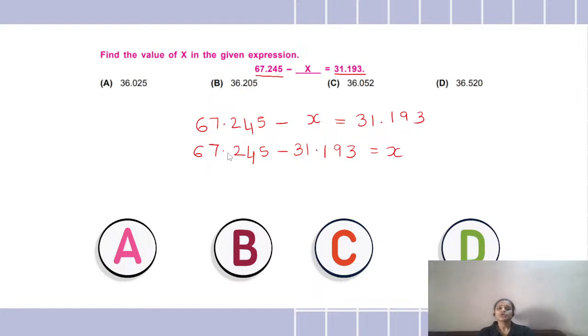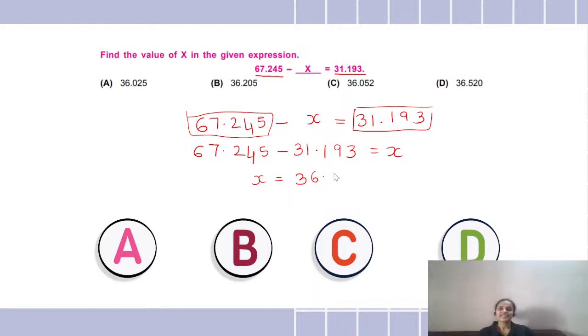Okay, so I will simply subtract this number from the bigger number to find out x, because it's one and the same thing. Since I have to find x, I'm going to simply subtract this from my bigger number 67.245.